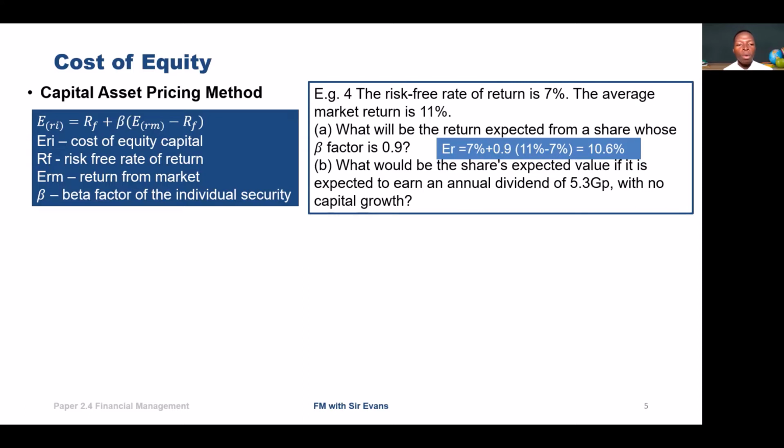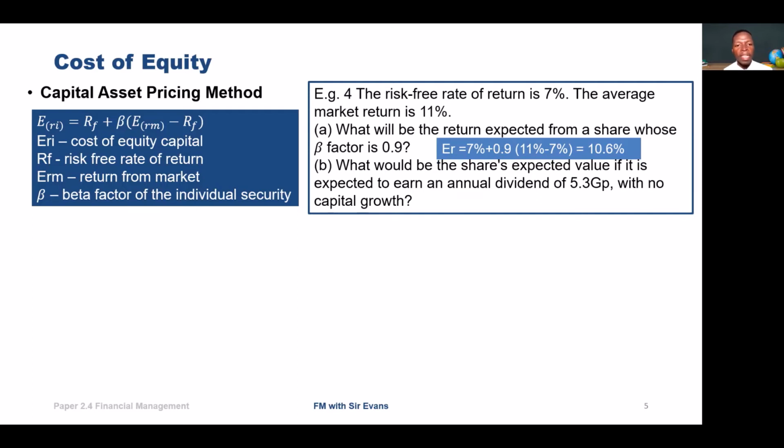So from previous formulas, we remember the dividend price approach, where KE being the cost of equity is equal to your D0 divided by your P0. So in this instance, we've found our KE under the CAPM method.